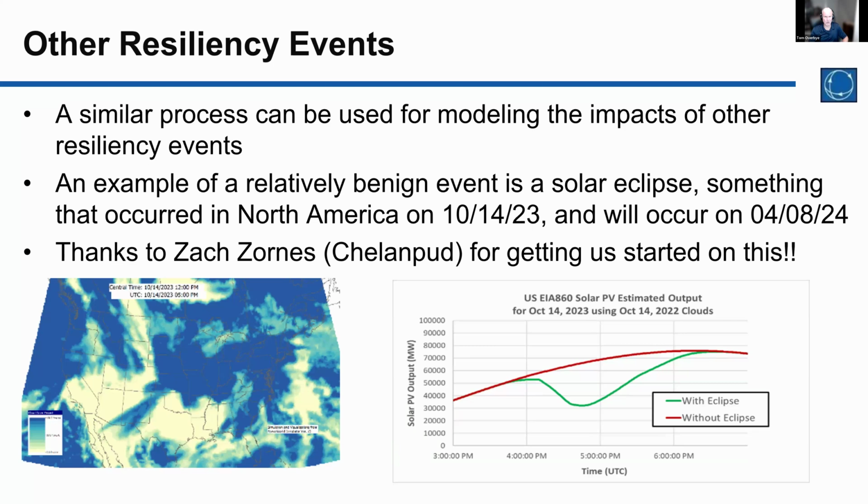But we're looking for other resiliency events. So if you think, okay, here's an event that we would like to have modeled, its impact on the power grid, it could be weather related. Of course, we've got weather covered, but the ERA5 data isn't going to pick up tornadoes.